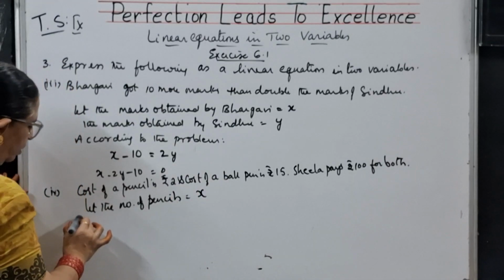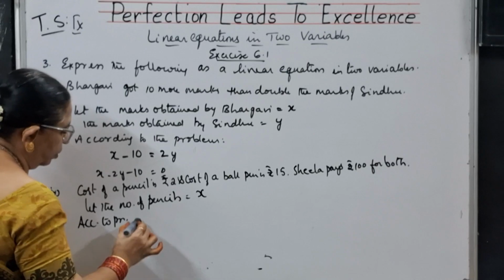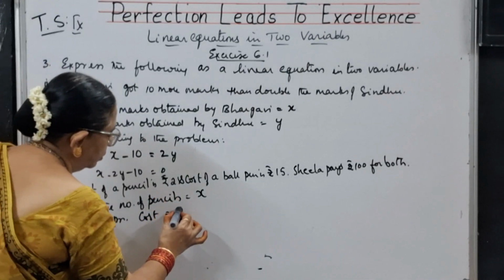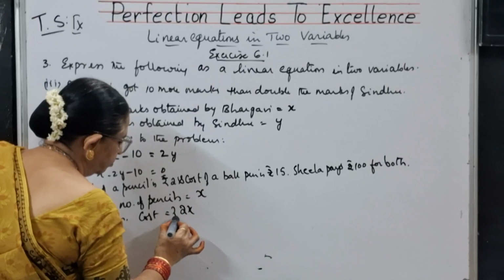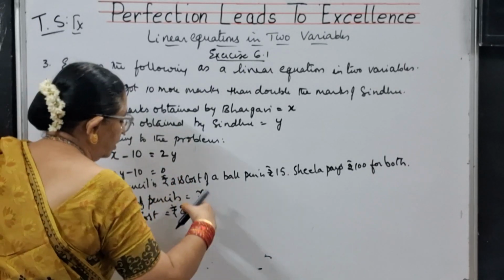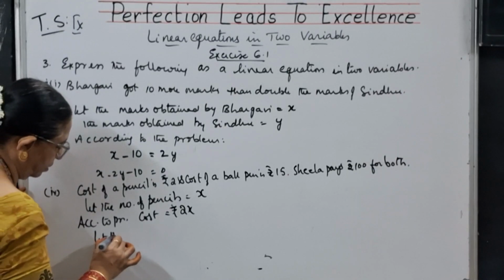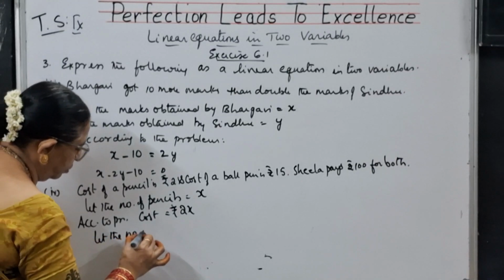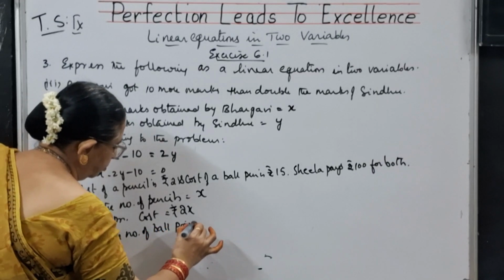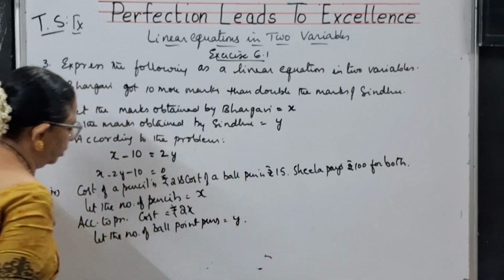According to the problem, the cost will be equal to 2x rupees, because one pencil is 2 rupees, so x pencils cost 2x rupees. Then let the number of ballpoint pens be y.